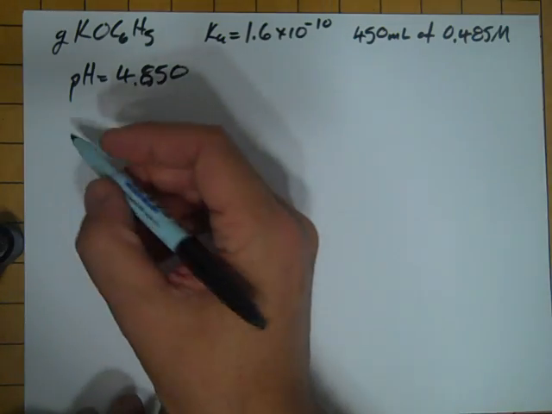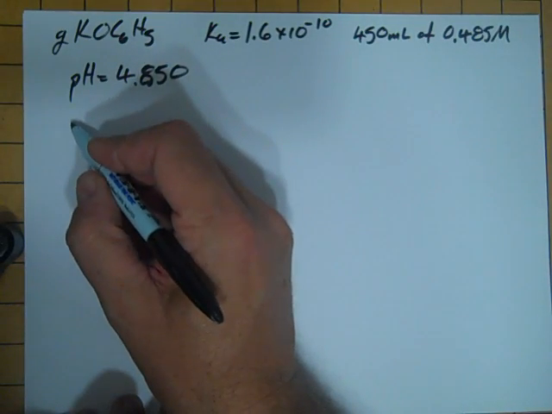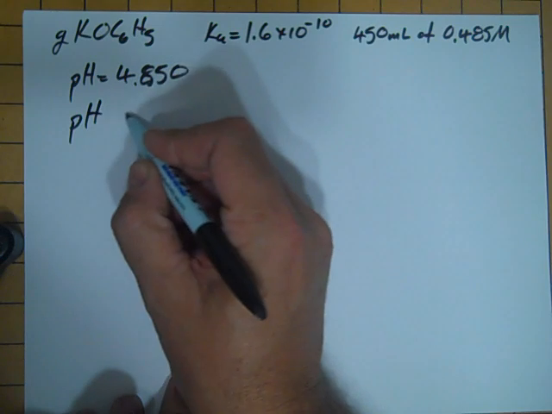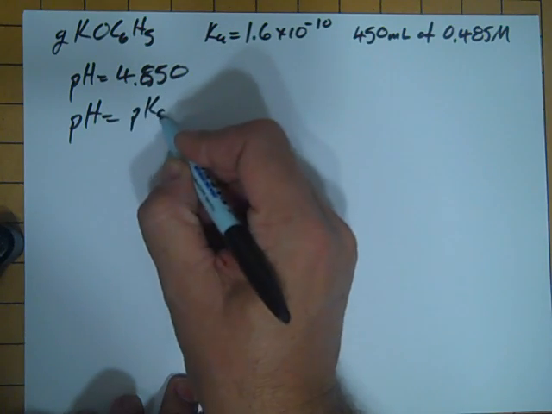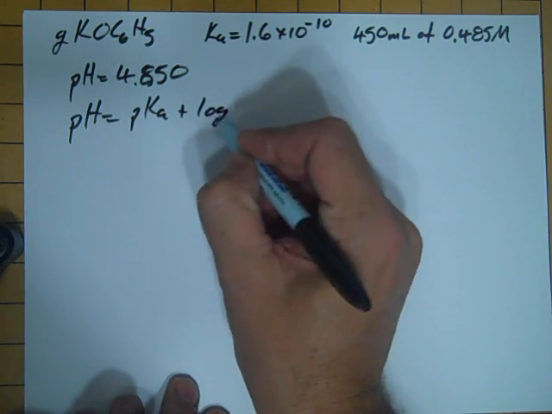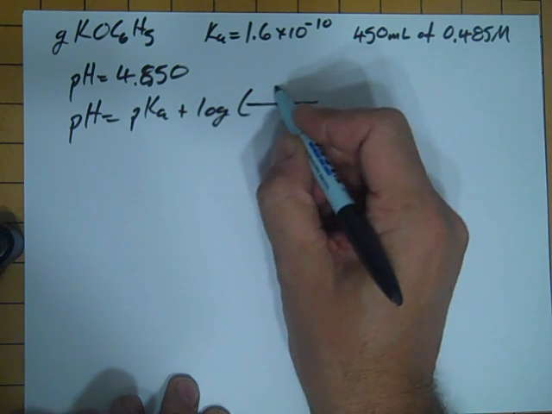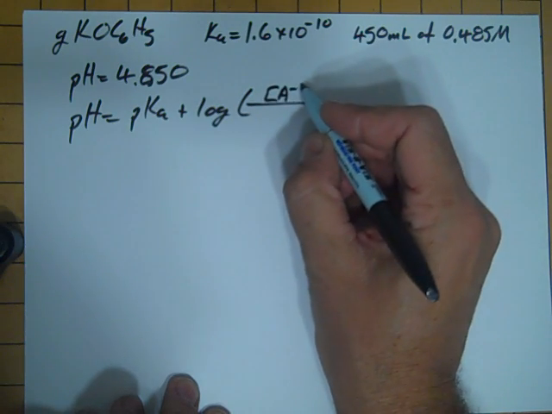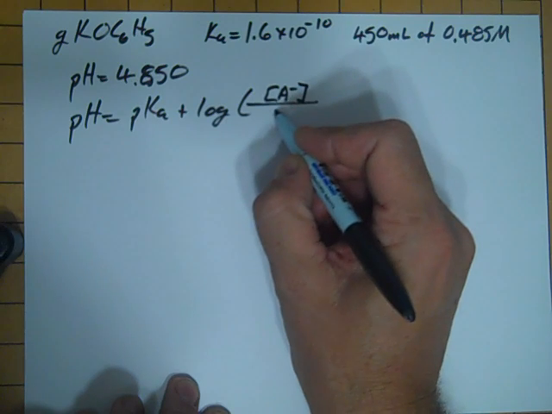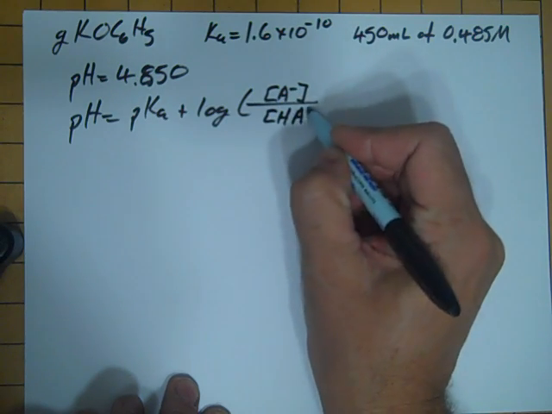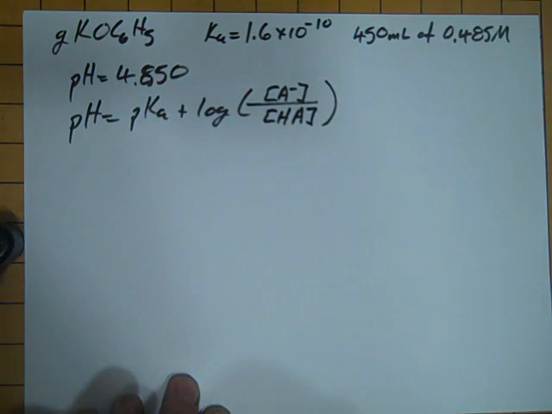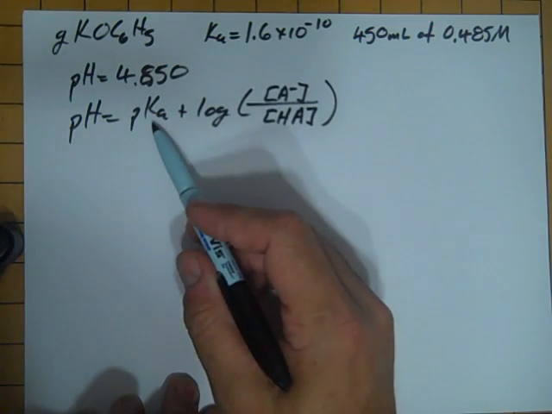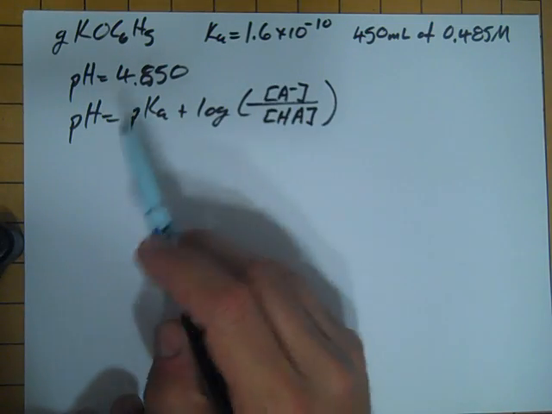What we do have is the HH equation that tells us pH equals pKa plus the log of the A minus over the concentration of HA. So I have pKa because they gave me Ka.